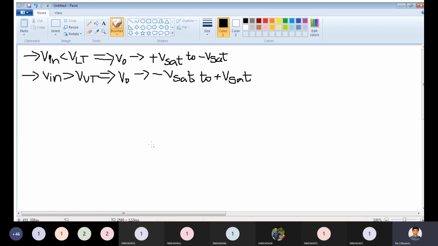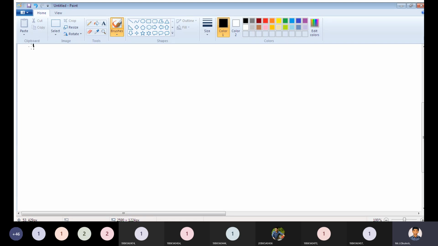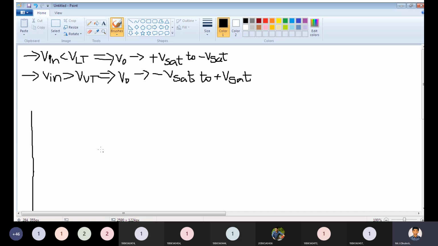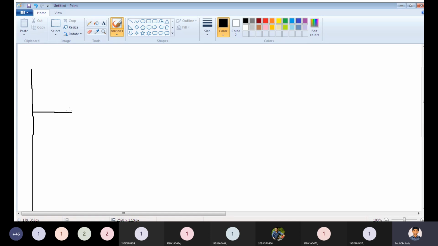Okay, now we need to draw the input and output waveforms. First, you need to draw the input. This is V_in. Assume that this is V_M.